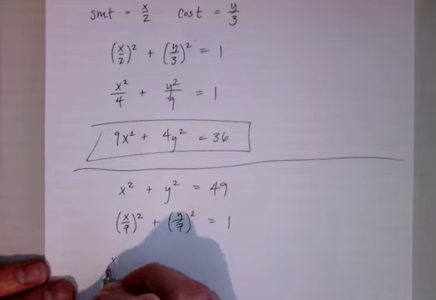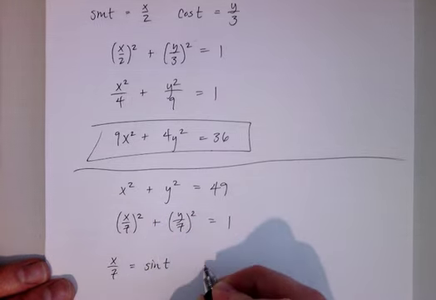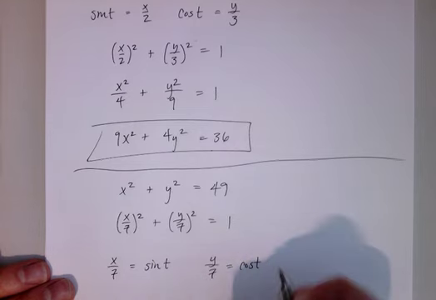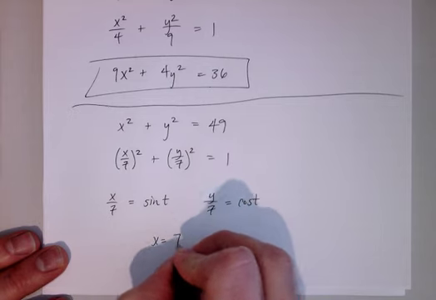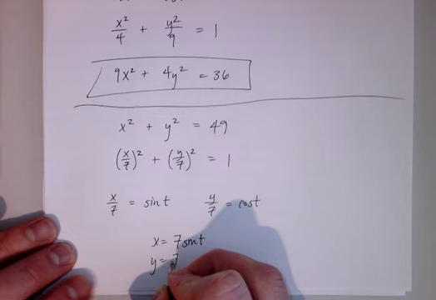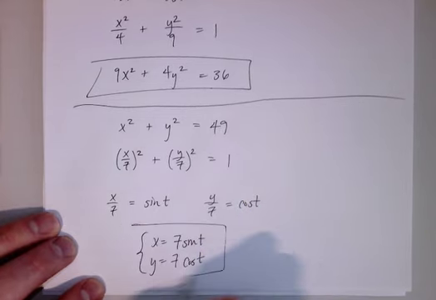And therefore x over 7 is equal to sine t or sine theta, whichever you want, and y over 7 is equal to cosine t, and therefore we can have x is equal to 7 sine t, y is equal to 7 cosine t, and that would be a legitimate way to do it.